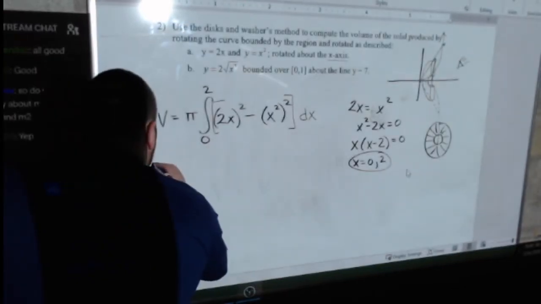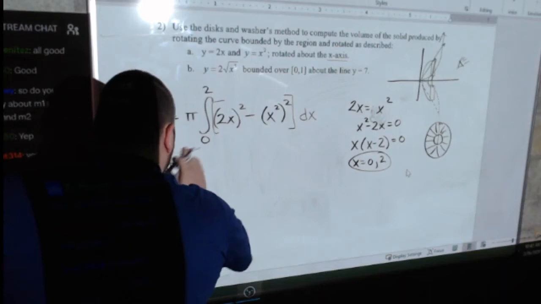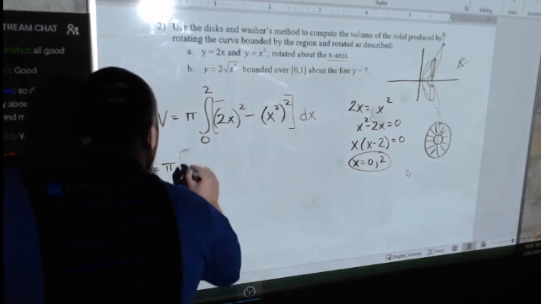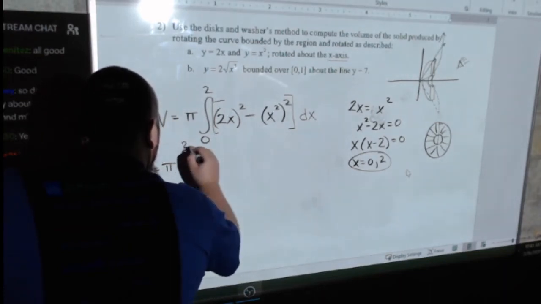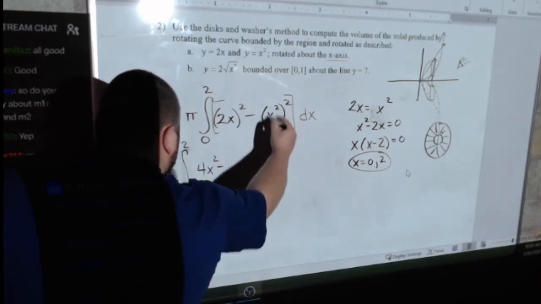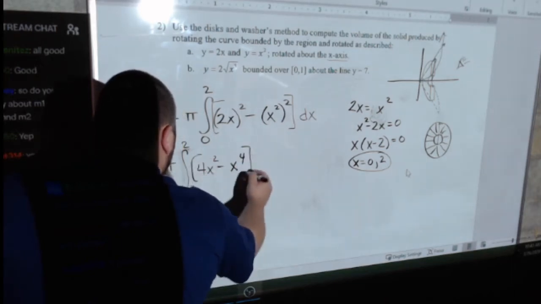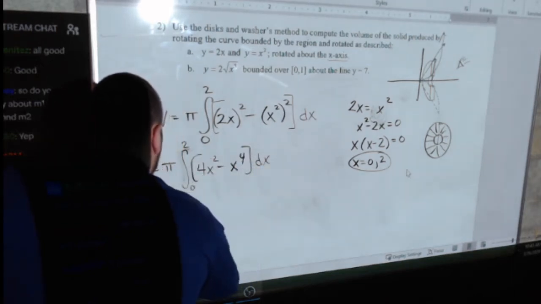So I can go ahead and integrate. Well, first let's simplify it and then integrate, I suppose. So this is 0 to 2. Inside there I have 4x squared minus this x squared is going to become x to the 4th. Now integrate.